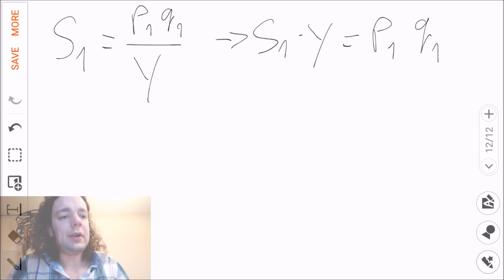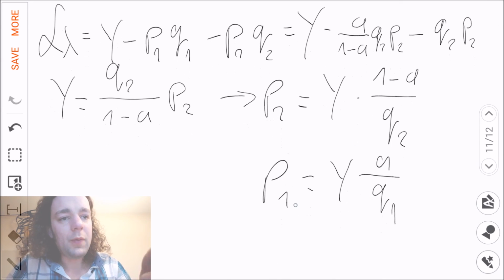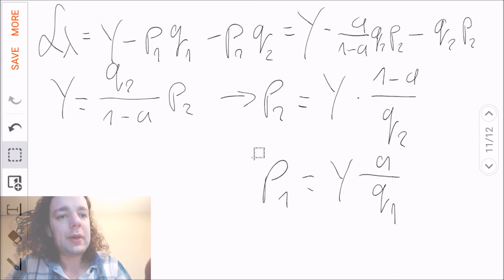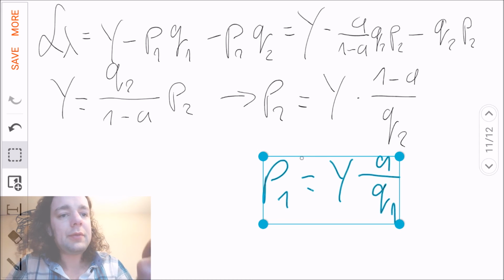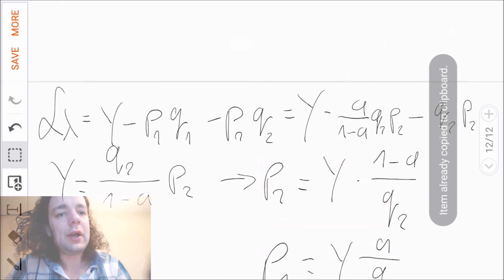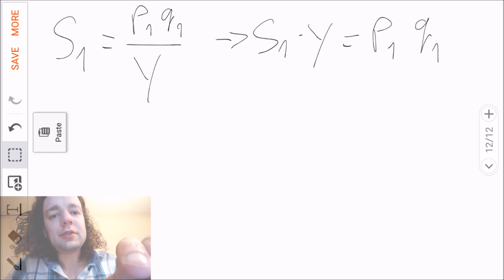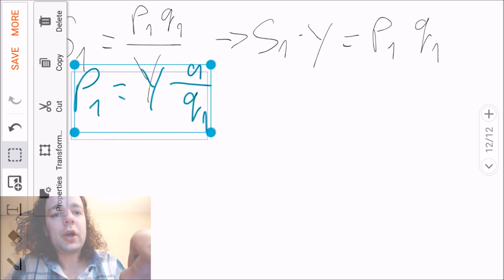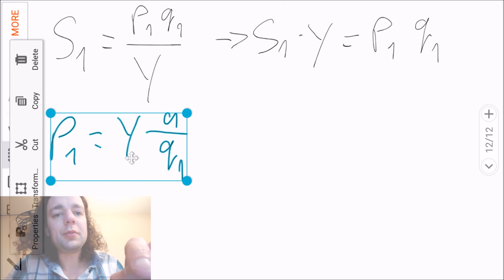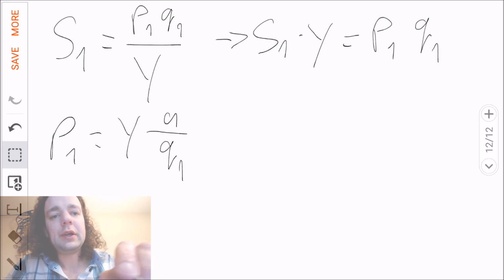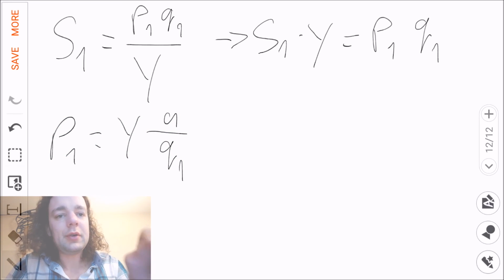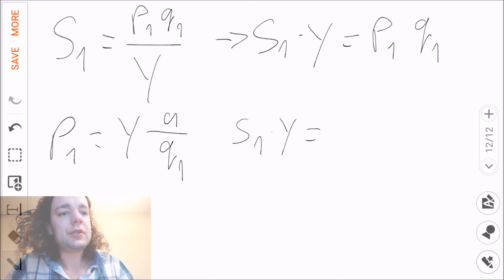Okay, and this is interesting because now we have this optimal thing, right? Let's simply copy it and drop it here. So this is the optimal price you're willing to pay for your apples, and let's combine it. So here we have S1 multiplied by Y equals, and now for P1 we enter this.